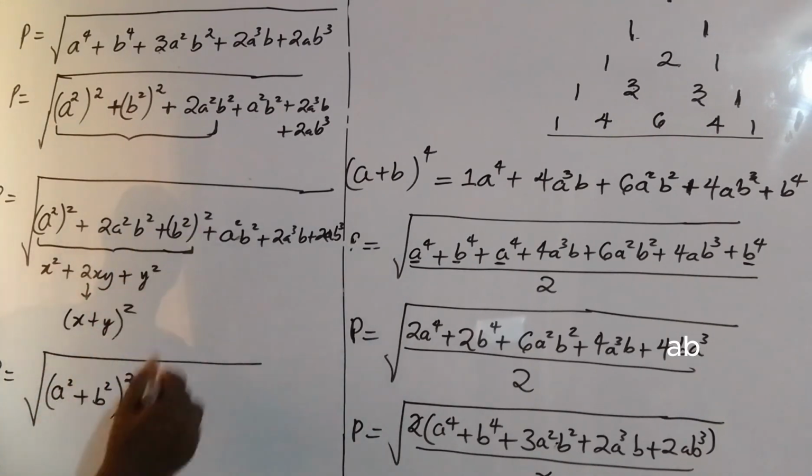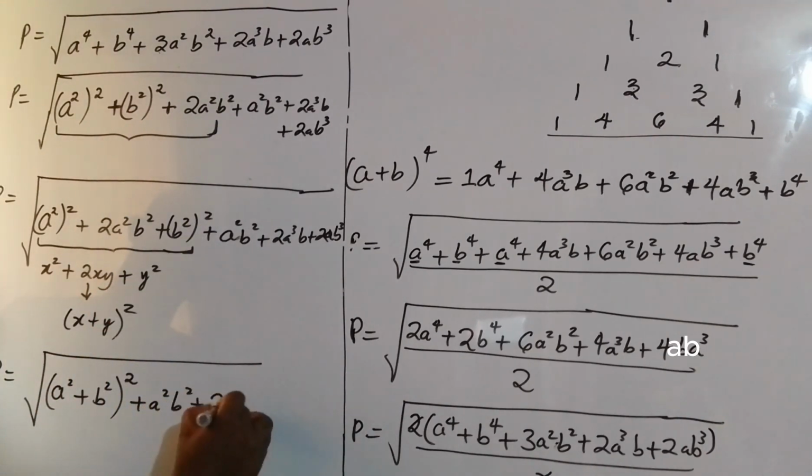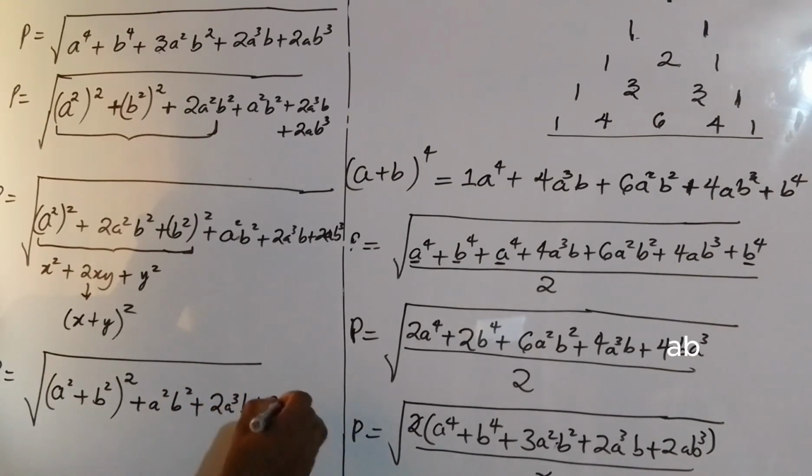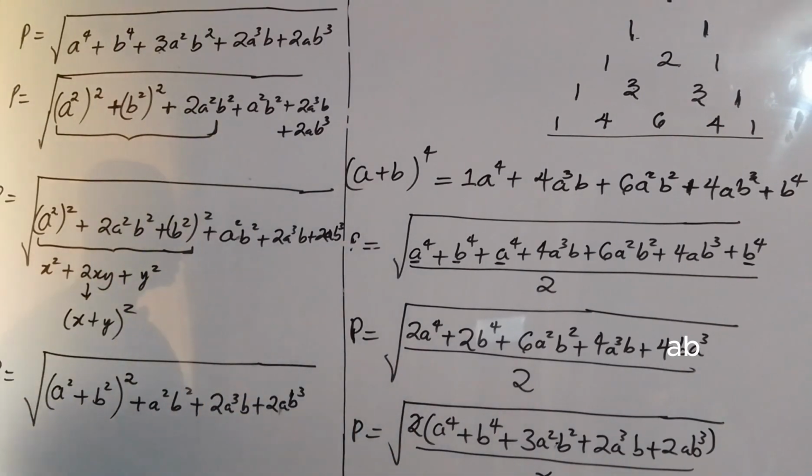So we have this. Then of course we still have a squared b squared plus 2a cubed b plus 2ab cubed. All right, so we still have work to do.